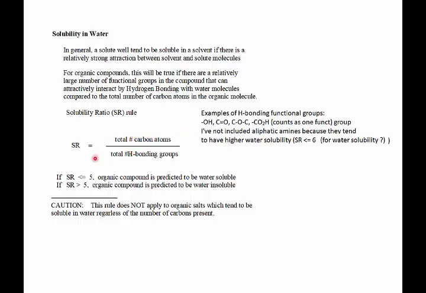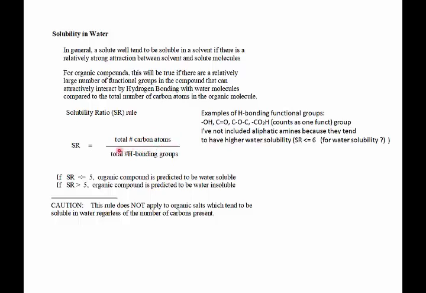SR is the abbreviation for solubility ratio. There's a little formula here. You calculate the solubility ratio value, which is defined as follows. It's the total number of carbons in the molecule. Just count up all the carbons, including the carbons that are part of any hydrogen bonding group.